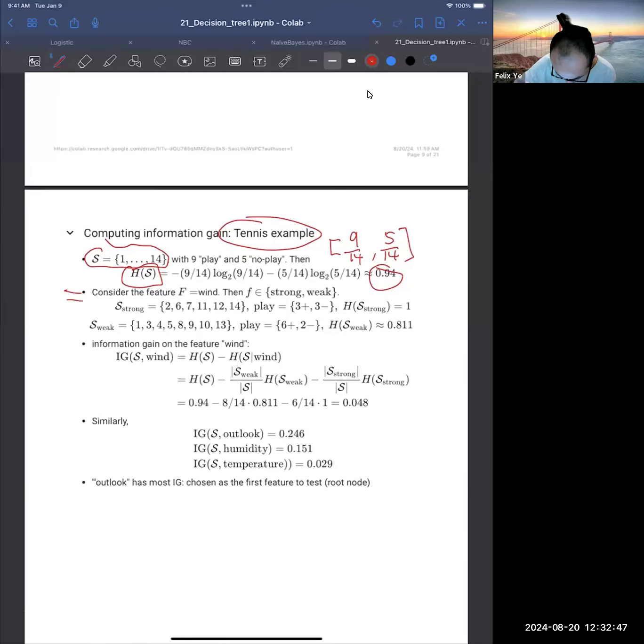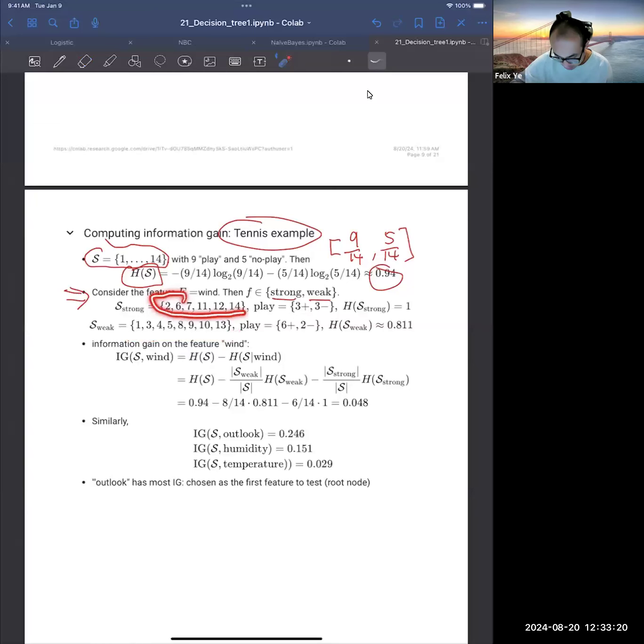The first thing that we consider is the wind. In terms of the wind, we have strong and weak. These are the two possible cases. There will be 6 that are strong, and 8 that are weak.